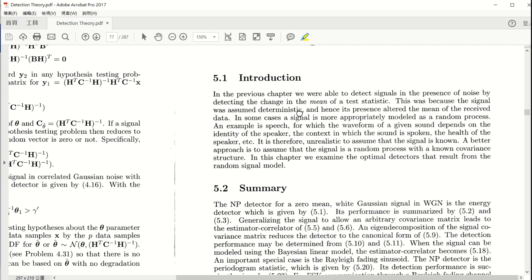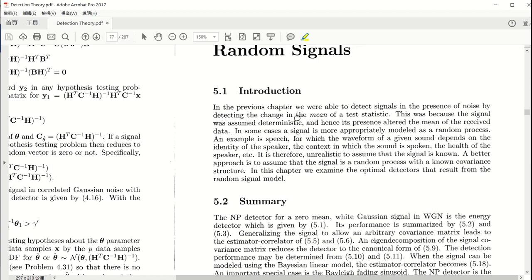So previously we have been talking about signals that are deterministic and also known. So we know the total information about the signal and also the mean of the noise. We usually assume Gaussian noise with zero mean and variance sigma squared that are all known, right?